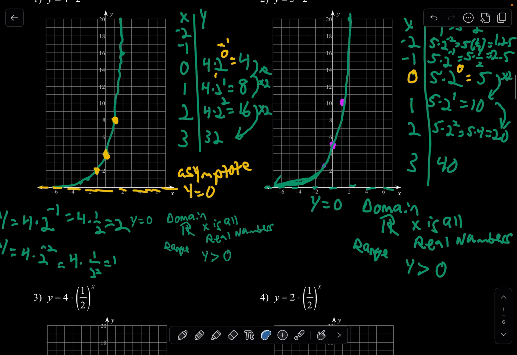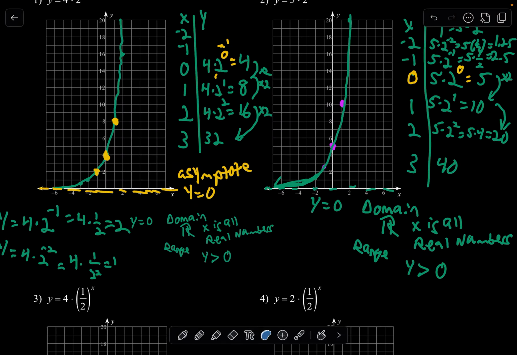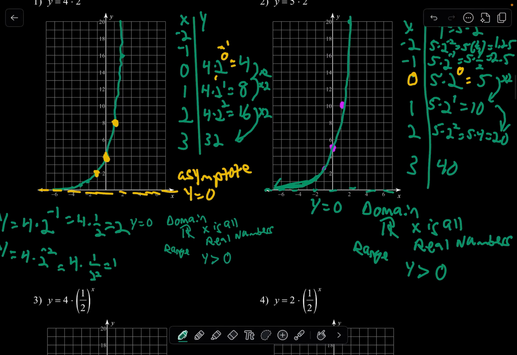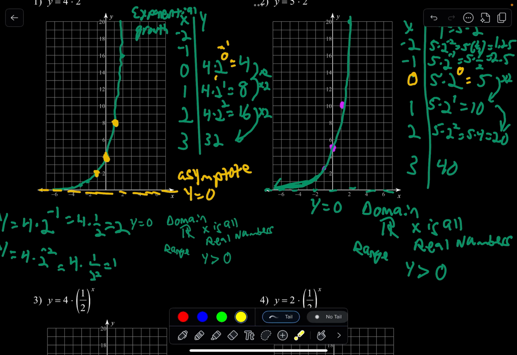Now, these are both exponential growth. That's a biggie. Exponential growth. Why is it exponential growth? Because as we move to the right, you see the graph blows up. We're moving along, boom, boom, boom, and all of a sudden, it just takes off like gangbusters.